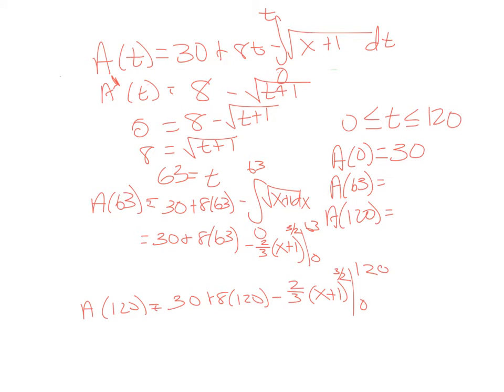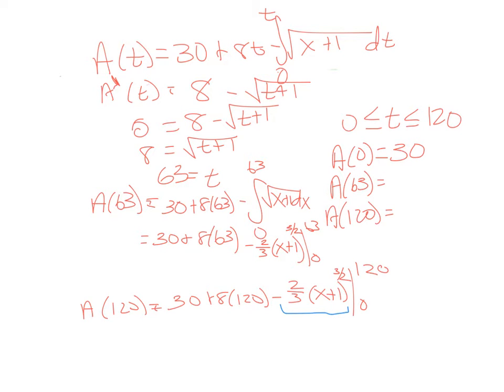We can pretty much convince ourselves that this is going to be smaller because here we're subtracting off. You plug in 120, that's 11 to the third. So you're subtracting 2/3 times 11 to the third, versus over here, you're subtracting 2/3 times 8 to the third.